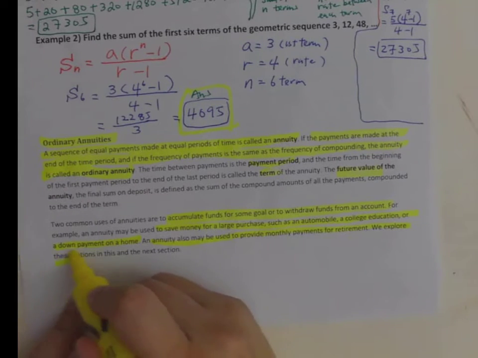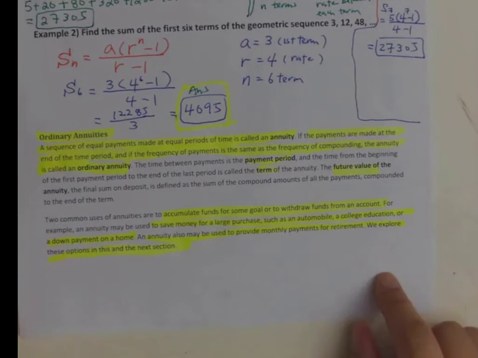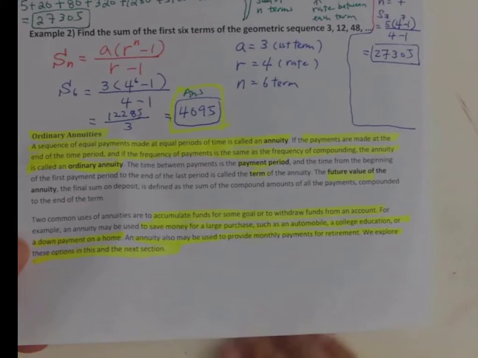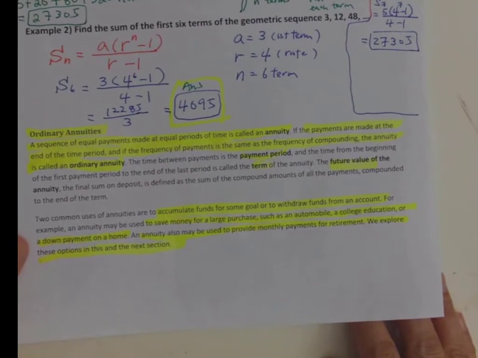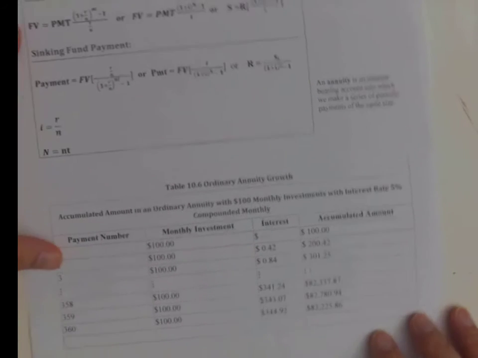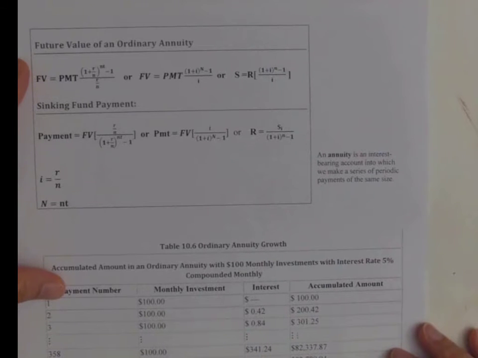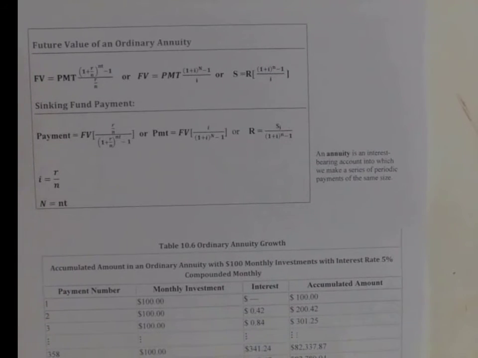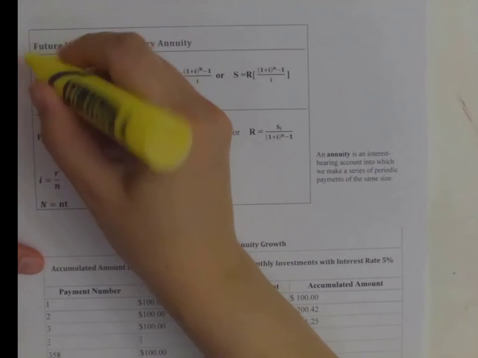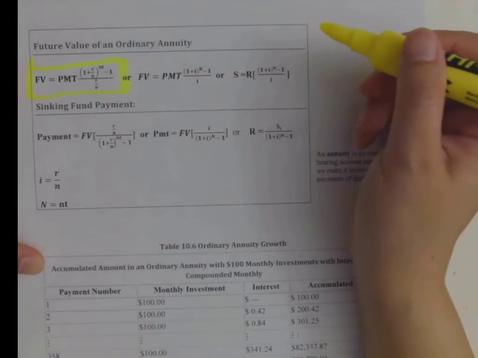So we're going to explore those options with some examples, and I will try to give you this document so you can print it out to work on if you want to. So let's look at some examples or the formula first. I know there's a lot of formulas here. I personally will use this formula because I want to keep the letters the same every time.